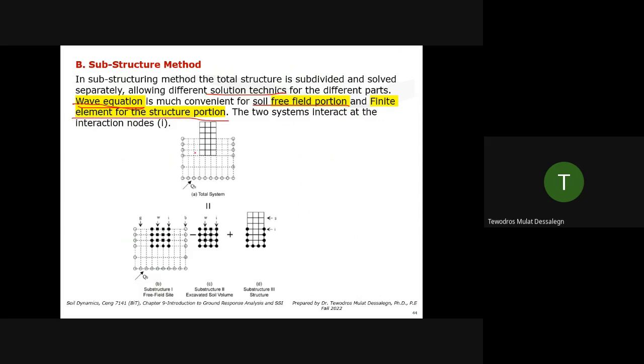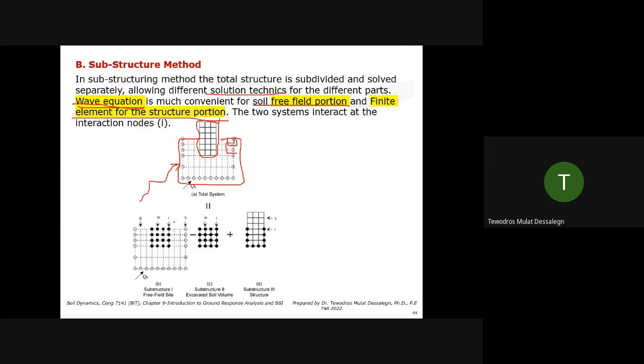So what's done is, for the structure we're using finite element method. But for the soil part, we're using the solution from the wave equation. We can see the propagation of the wave by solving the wave equations directly. It's much faster than doing finite element and then seeing how the wave propagates through numerical methods.